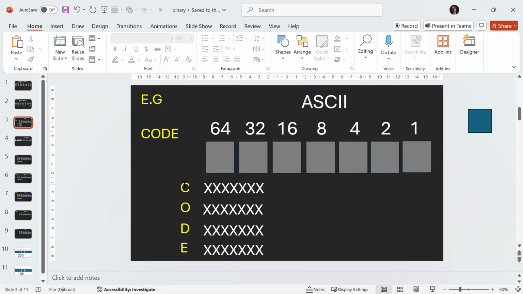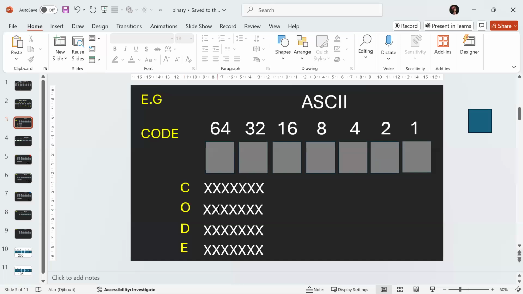You've not lost anything. So now the letter C, just follow me, has a series of ones and zeros, which is binary. Binary means two.